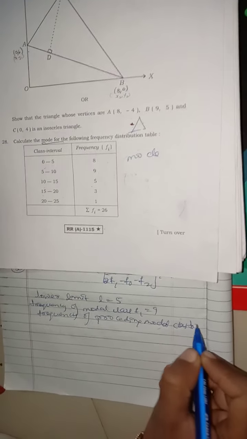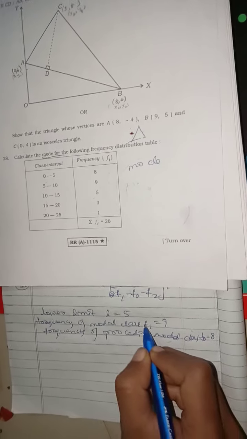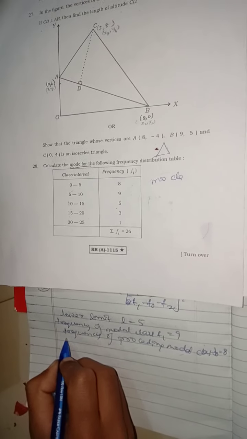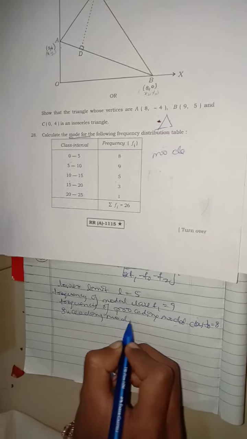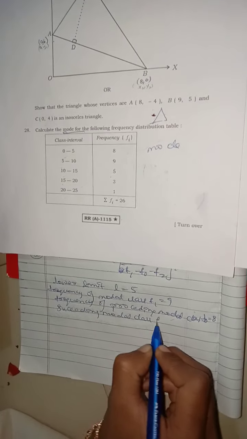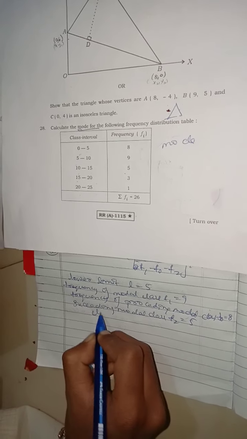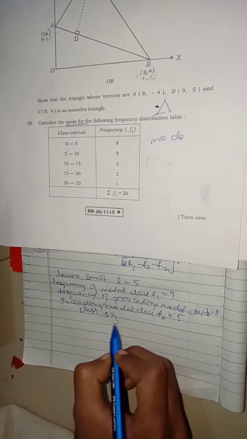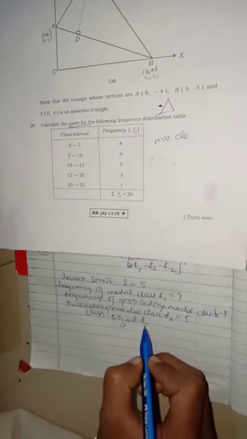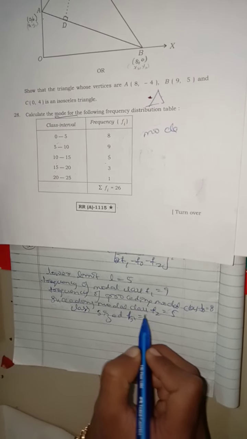That is F0 is equal to 8. F1 is 9. And then the succeeding modal class frequency, F2, is equal to 5. Then the class size, what is the class size in between? The class size H is equal to 5.